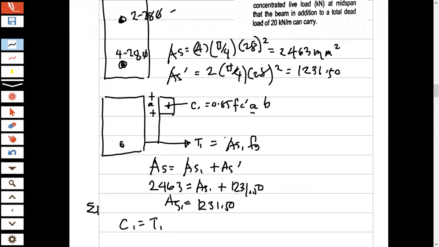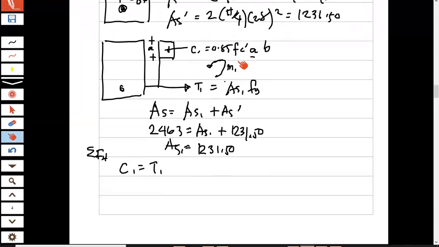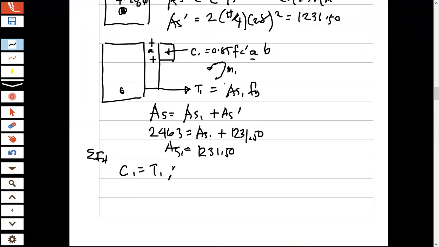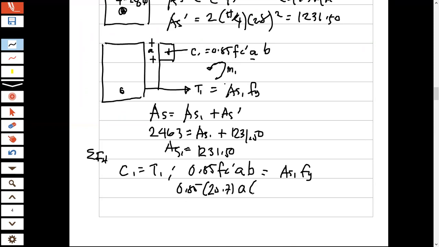So we can use now this relationship that C1 is equal to T1. Pagka nag-sum up tayo ng forces horizontal, considering these forces lang, itong sa may moment 1 lang. So C1 is equal to 0.85 fc prime a times b is equal to AS1 times fy. We are looking for a. What is fc prime? 20.7. b is given to be 350.